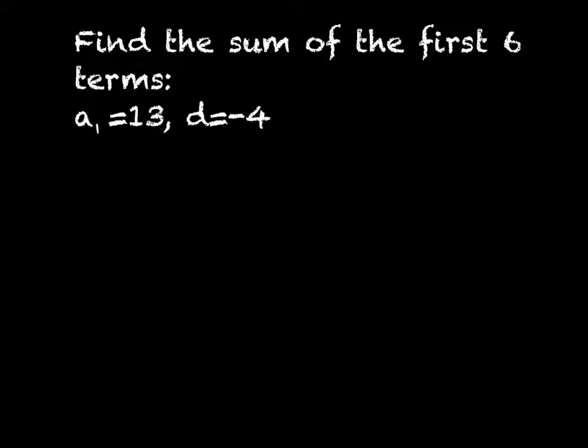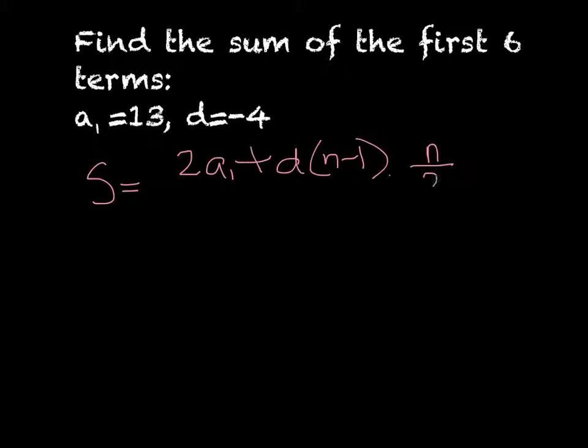Since we know the number of numbers and the difference, we can use our second formula for the sum, which was 2 times A1 plus D times n minus 1, all times n over 2.